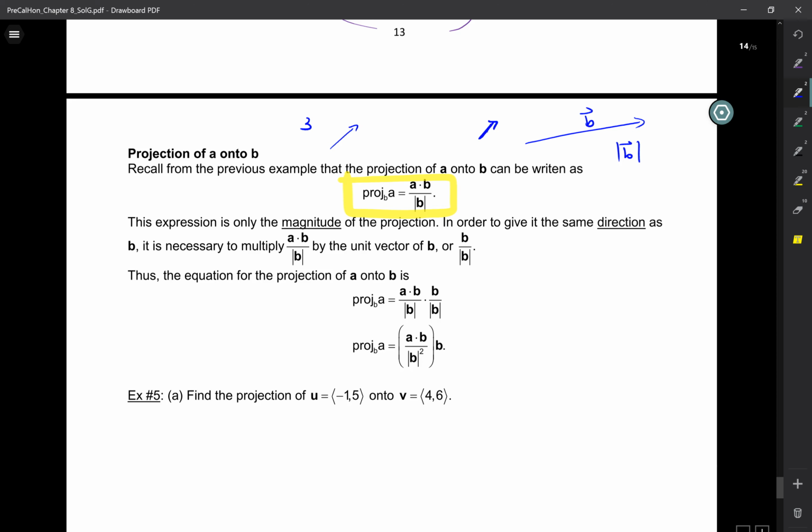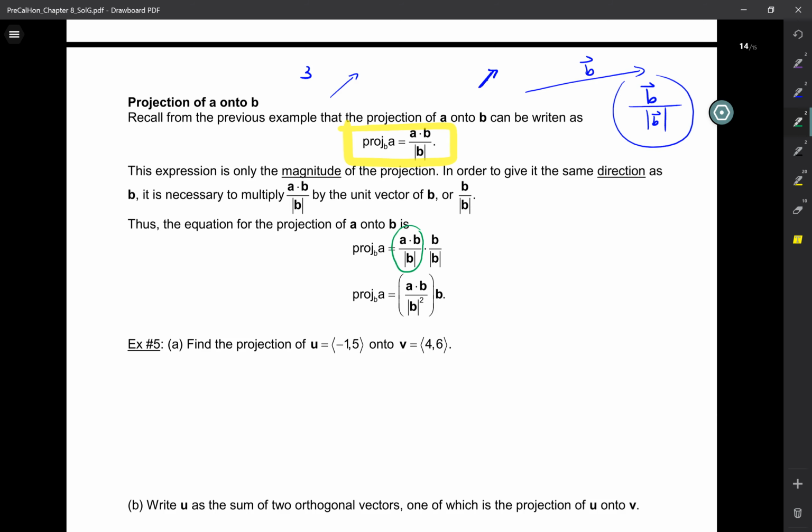We take the vector B and divide it by the magnitude of B. That's the unit vector for B. Now we take the length of the projection, the one in the green circle, and multiply it by the unit vector.